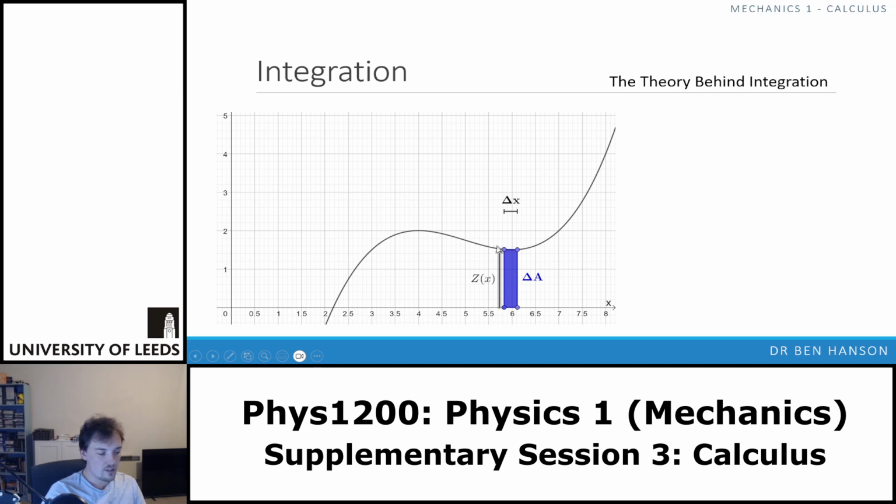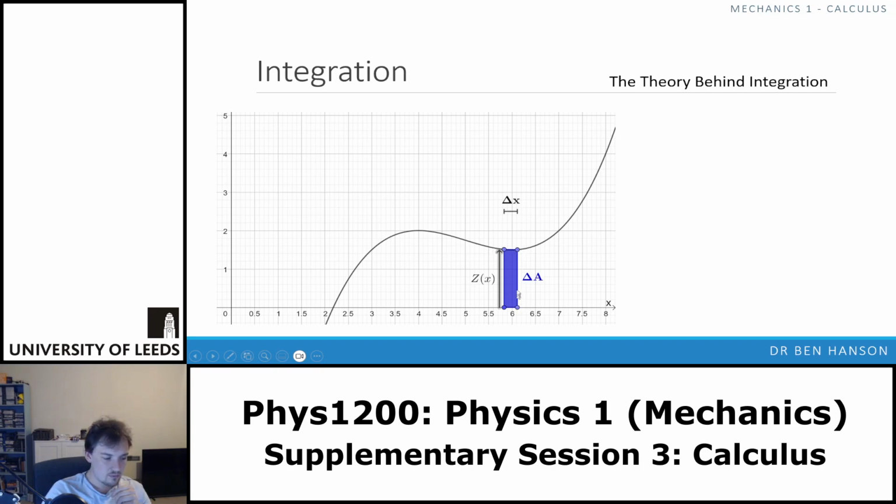So here we've got z of x, here we've got z at x plus delta x, and we can form a little bit of a rectangle, and that rectangle has an area delta A. So there's delta x.